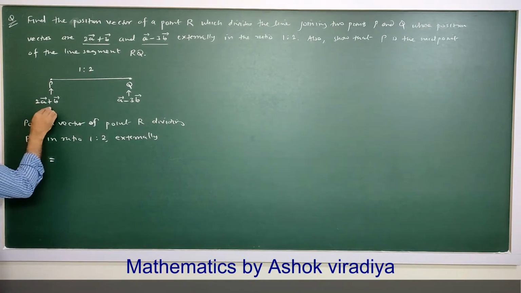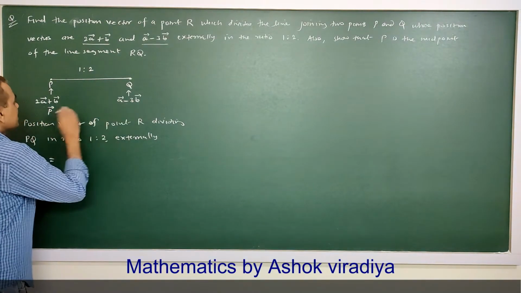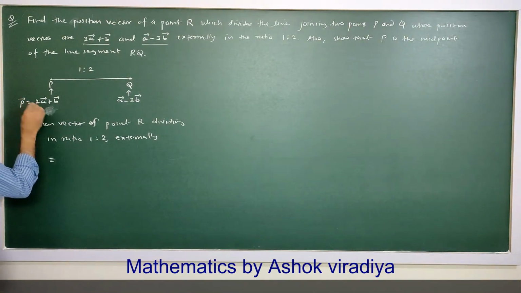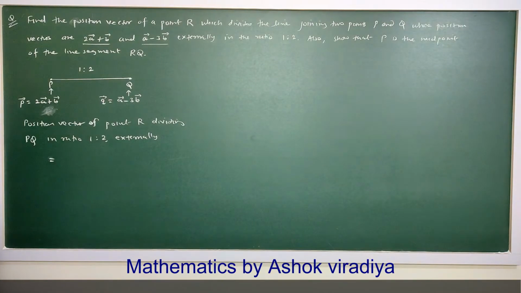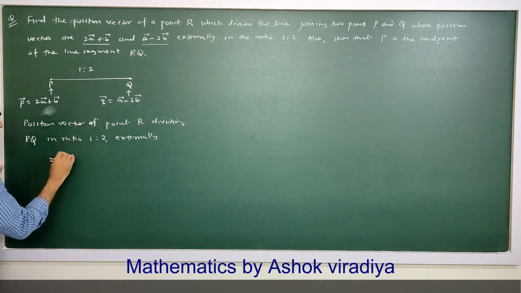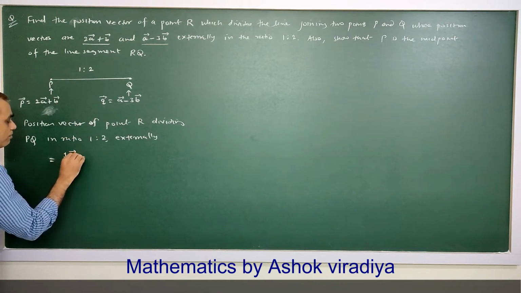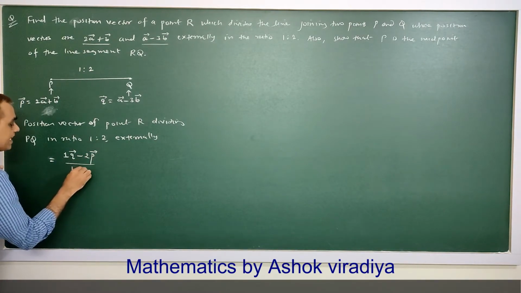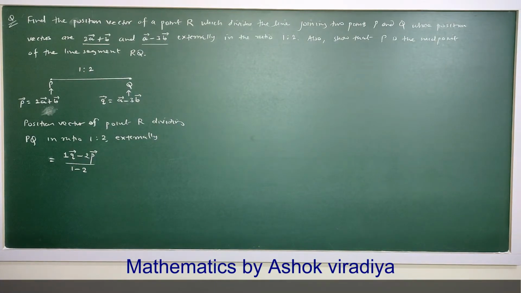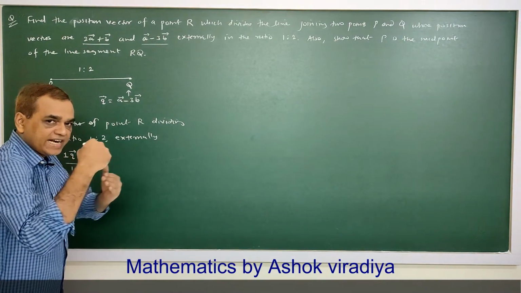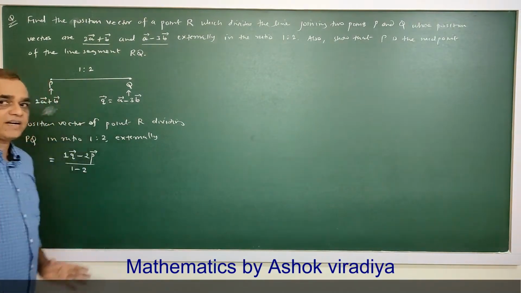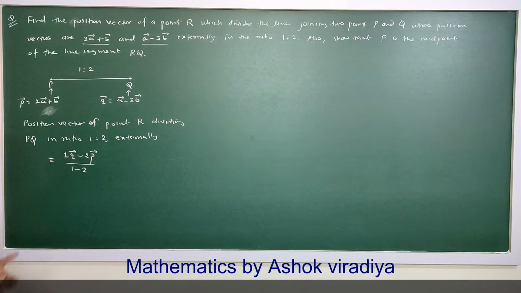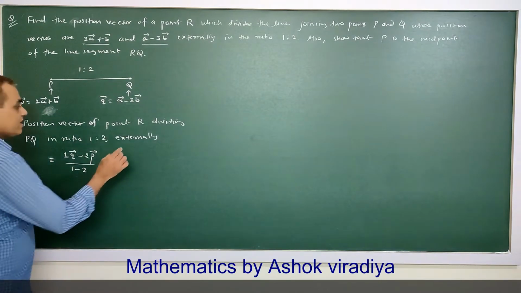Now say this is vector P and this is vector Q. Then the position vector of R is 1 into vector Q minus 2 into vector P upon 1 minus 2. That is, m times vector B minus n times vector A upon m minus n. Formula for external division: 1 times vector Q minus 2 times vector P, we are taking minus because it is external division.